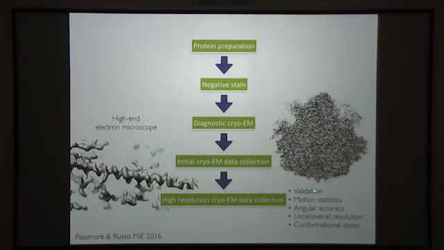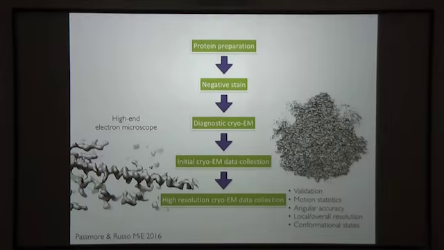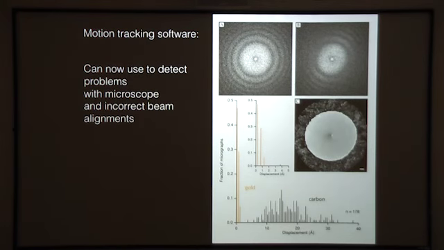Now, many of these aspects that you would evaluate will be discussed next week, including validation of the model, angular accuracy, the local and overall resolution, and how to separate out different conformational states. I just wanted to mention one thing here, which is motion statistics, because this relates to the specimen. And so we can use MotionCor, motion tracking software, to detect problems with the specimen, with the microscope, and with the beam alignments.